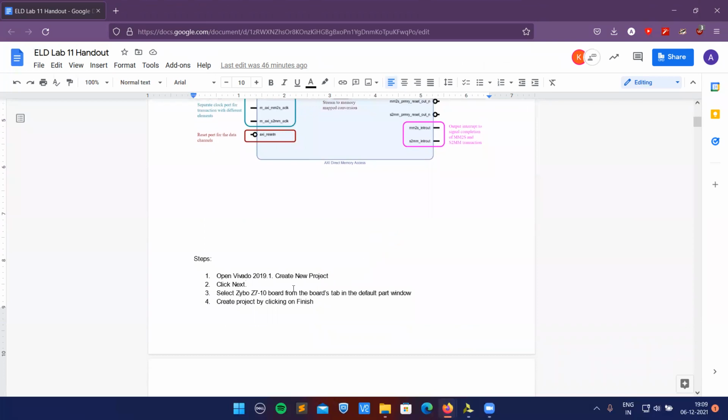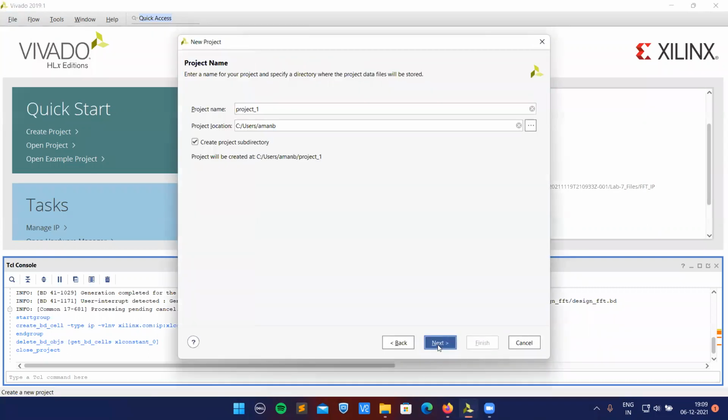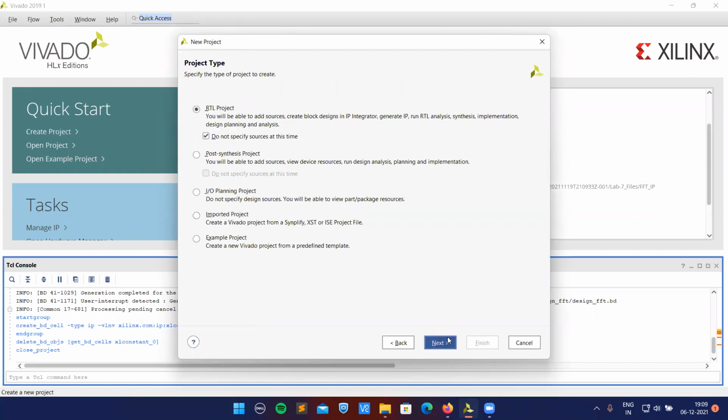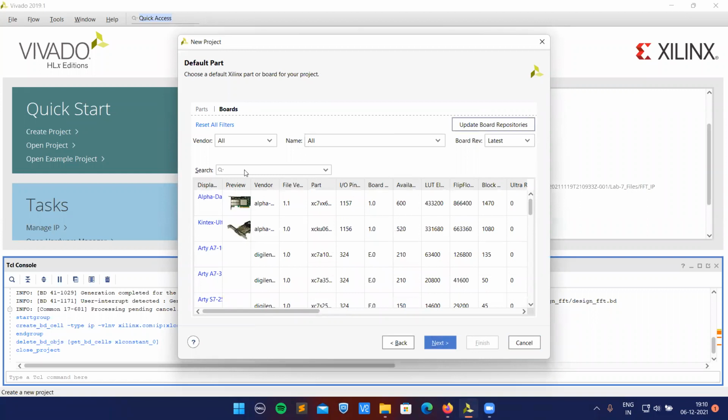Now let's move to Vivado and create the project. The project name, I'm going to keep it as FFT demo 1. And we are going to use the Zybo board.